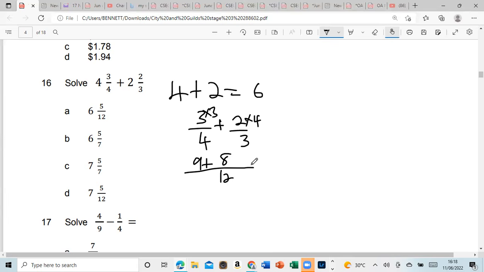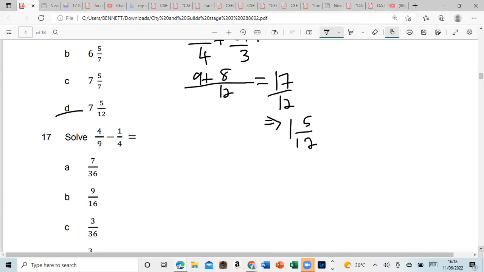So 4 times 2 is 8. So all we have to do is add the top now. 9 plus 8 is 17, that's 1 and 5 over 12. So that means 6 plus the 1 and 5 over 12. Let's move on to 17.